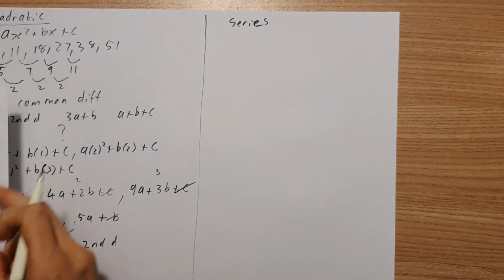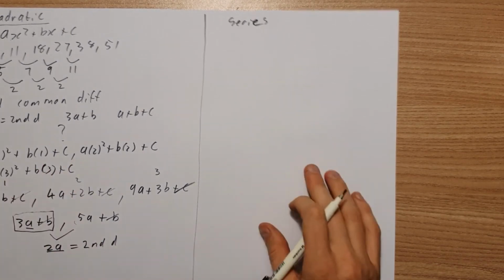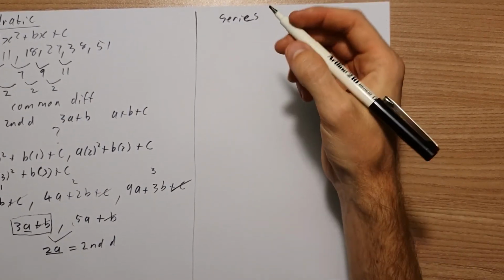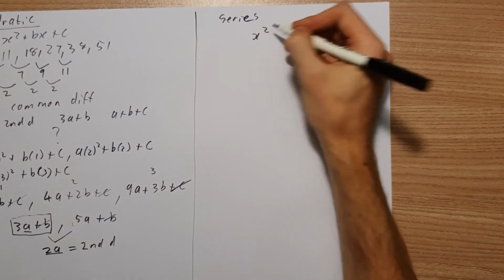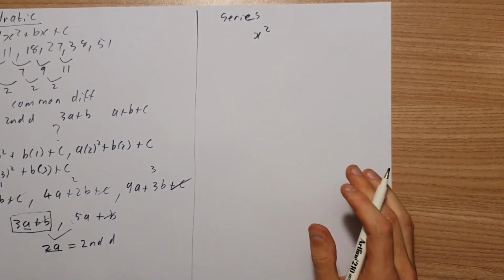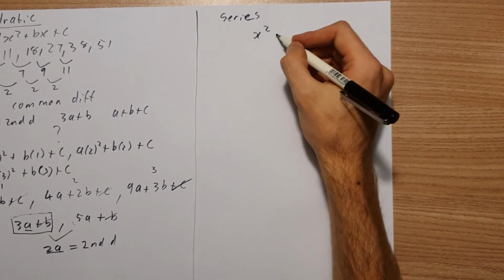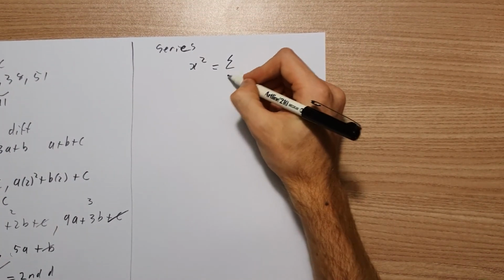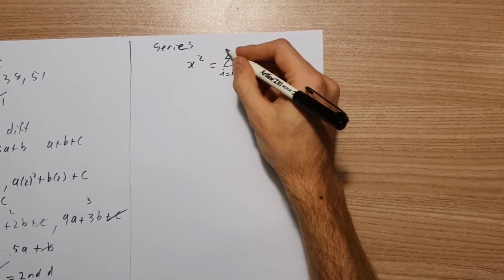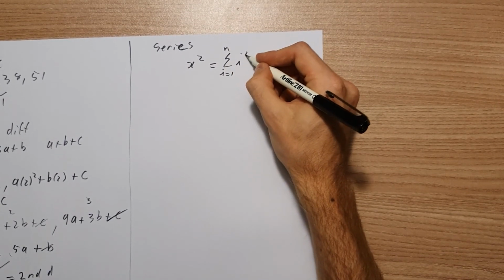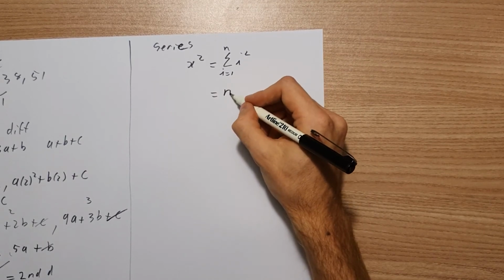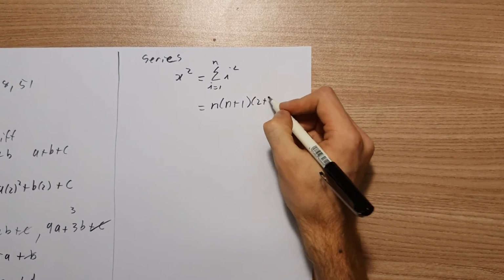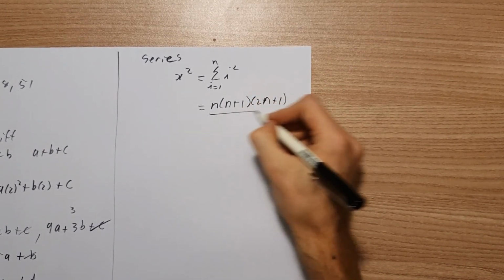It is quite complex, but if we look at just the general term, x squared, if all my other coefficients are 0, this is then going to be that sum that I gave you in the beginning. That's just going to be the sum of i equals 1 to n of i squared, and that gave us n times n plus 1 times 2n plus 1, all over 6.